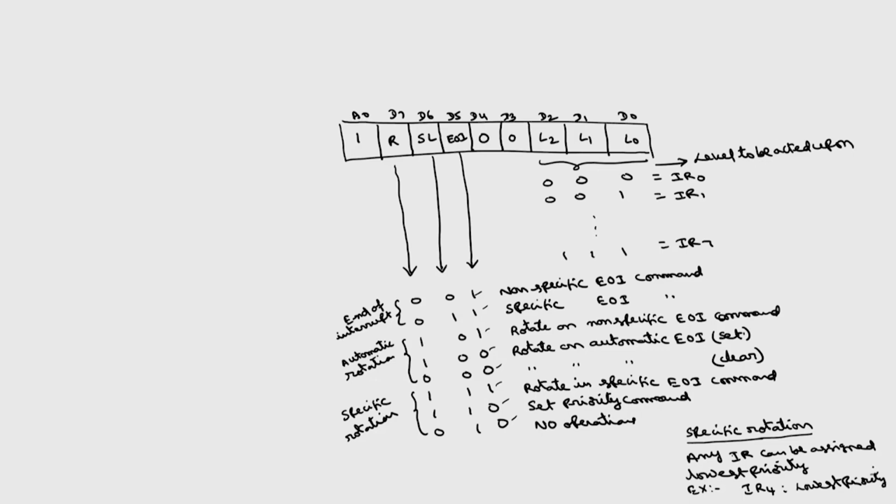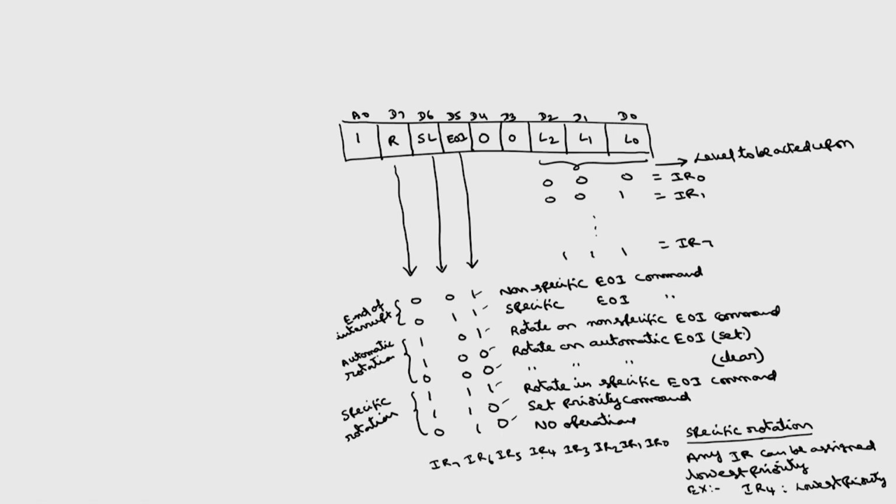By default the order is IR 7, IR 6, IR 5, IR 4, IR 3, IR 2, IR 1, IR 0.